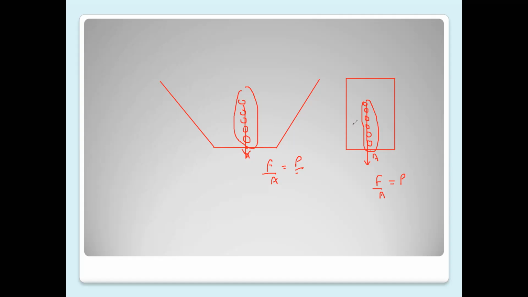Because they have the same number of particles above them, they will apply the same force. If they are applying the same force on a specific area, they will create the same pressure. So the size of the container, the volume of the liquid inside the container, does not affect the pressure exerted by the liquid. The question is about the pressure exerted by the liquid.